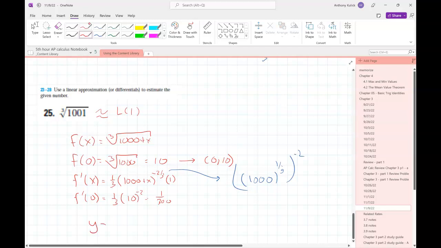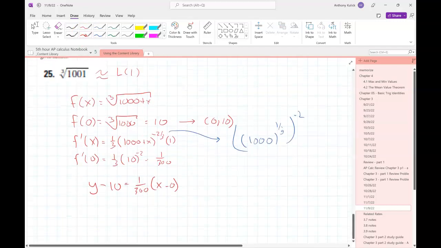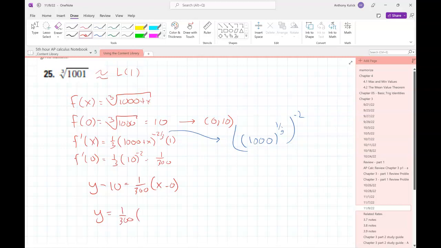So here's my tangent line. y minus 10 equals 1 over 300 times x minus 0. I guess you could simplify this more if you wanted to, but I don't think you really need to.